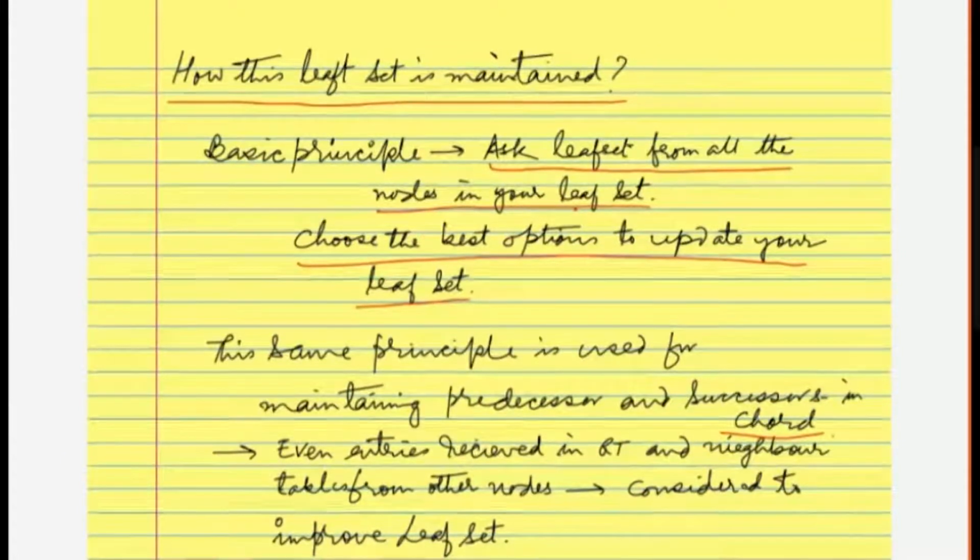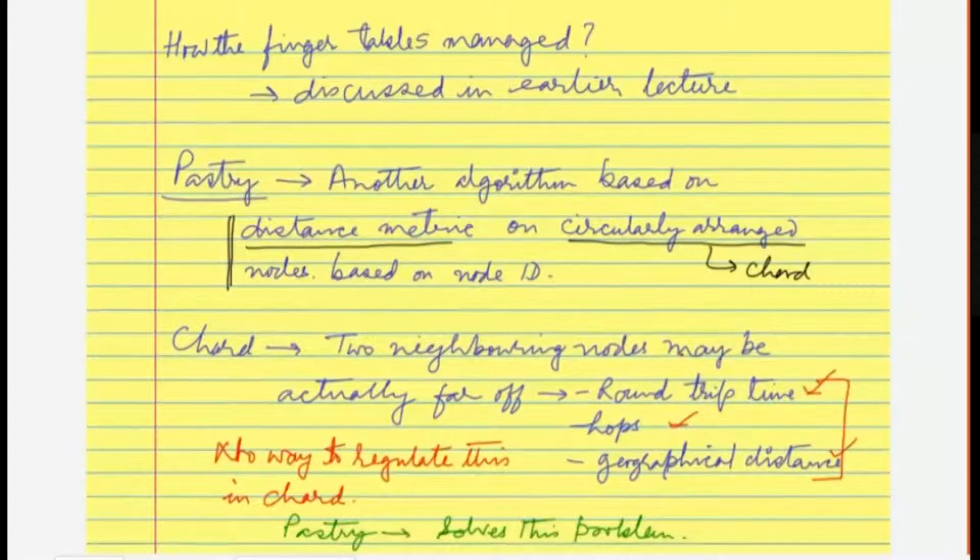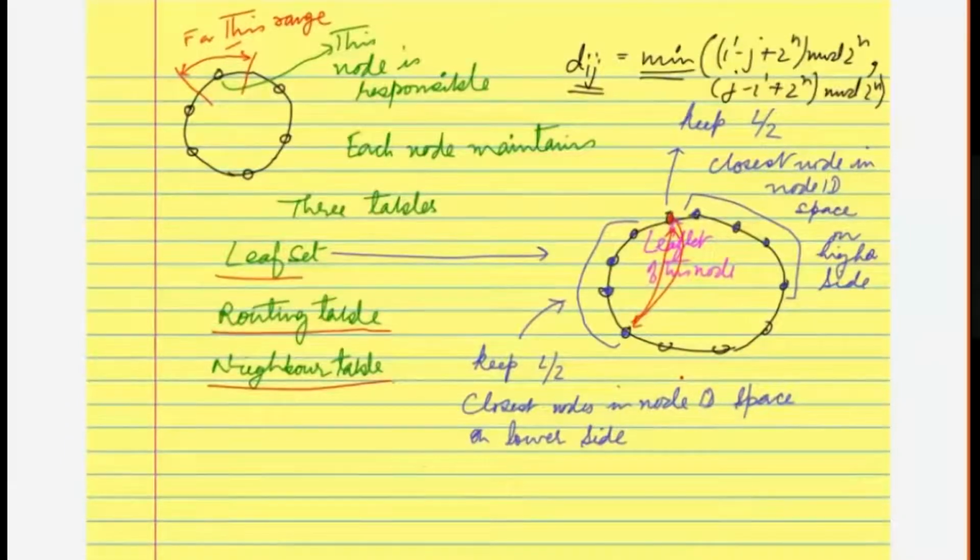For all the nodes which are being reported, you normally would do ping-based proximity closeness, but here it's based on node ID. There is no ping test to be done. So it's a very simple algorithm in this case. A similar thing is also done in the case of the neighbor table, but there we use a metric defined by one of these three, or maybe something else, whatever the application developer decides.